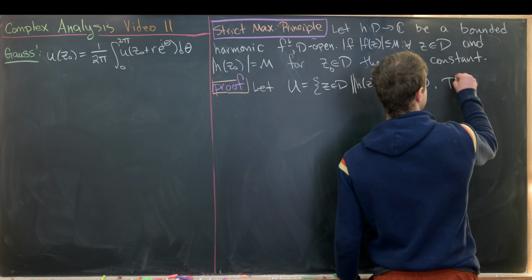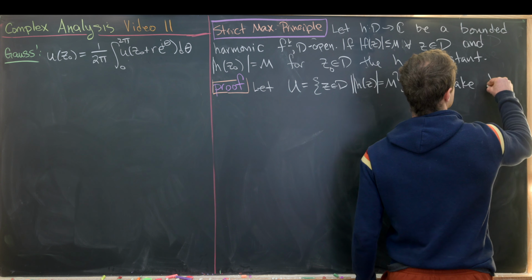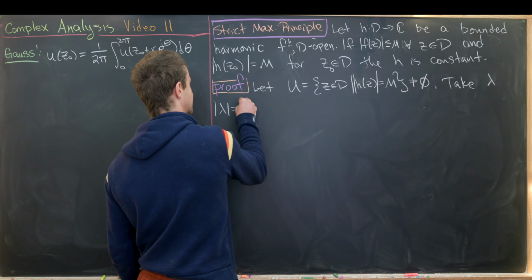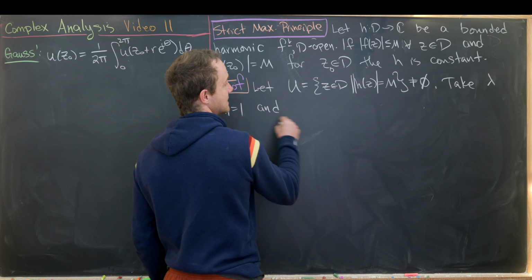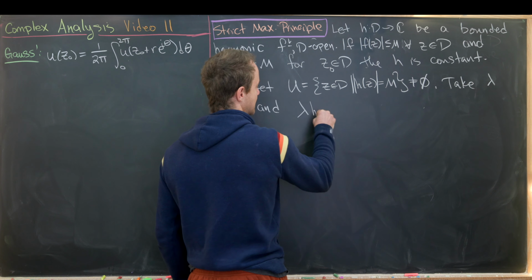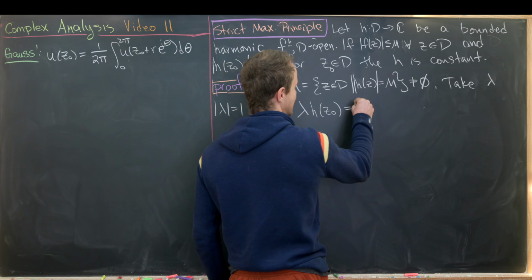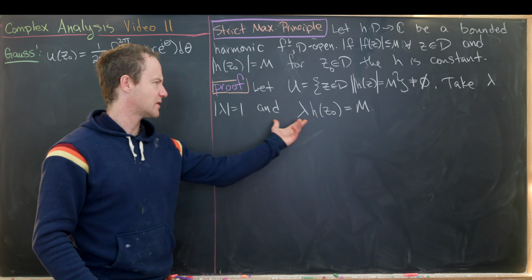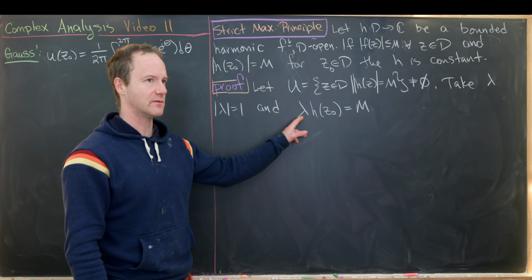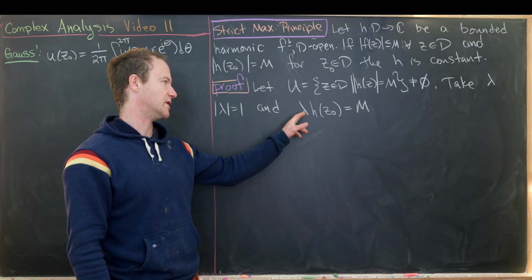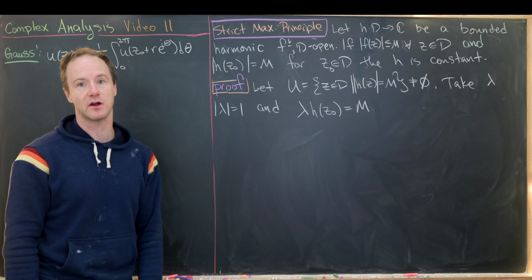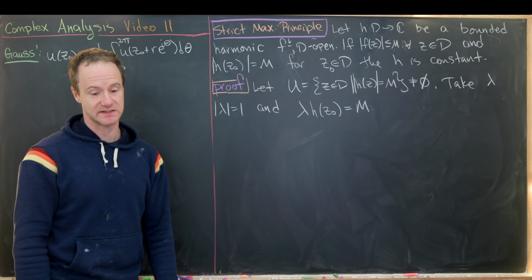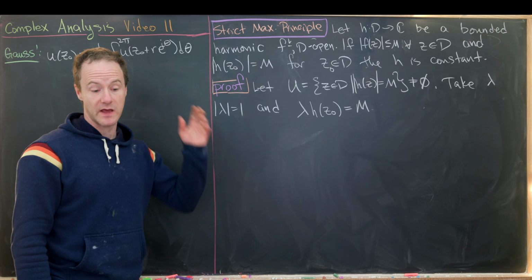So let's take lambda, which is a complex number where the modulus of lambda is 1, and when we take lambda times h of z naught, we get exactly M. So what is lambda? I would say it's the complex number with modulus 1 whose argument is negative the argument of h evaluated at z naught. That'll bring us back to the positive real axis. Okay, nice.